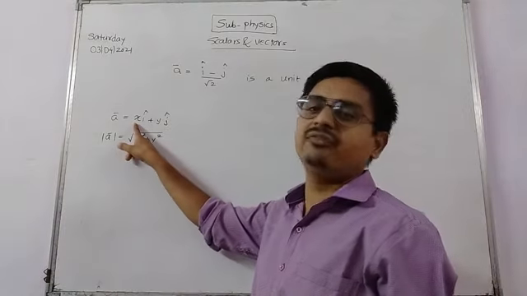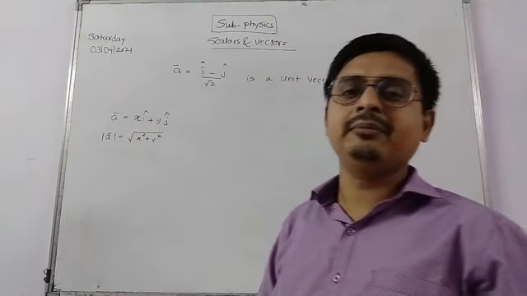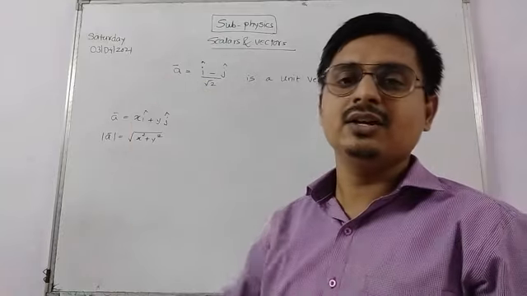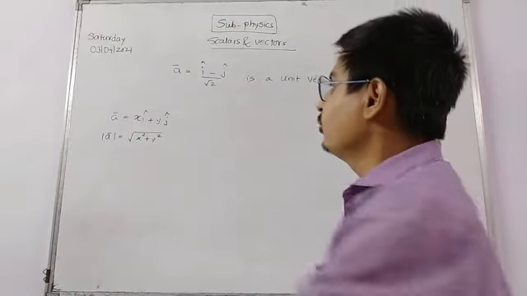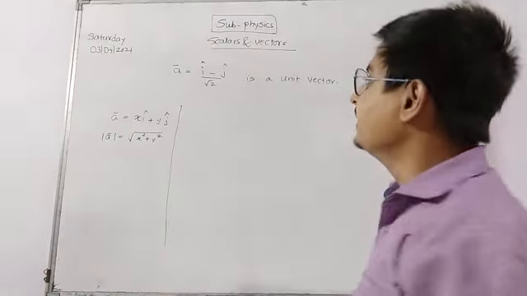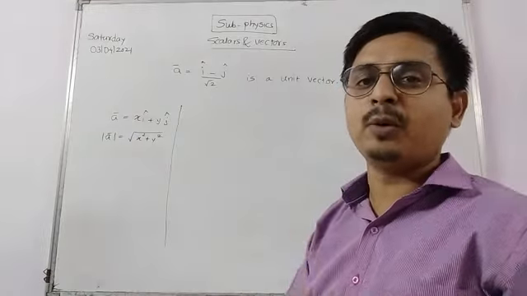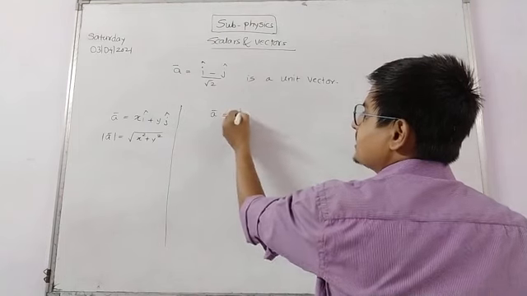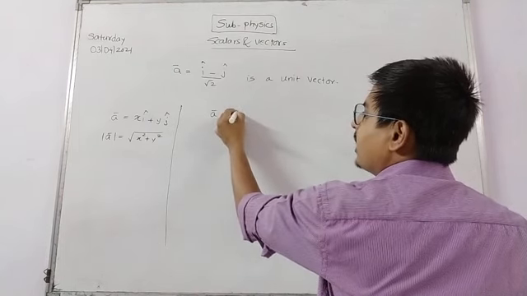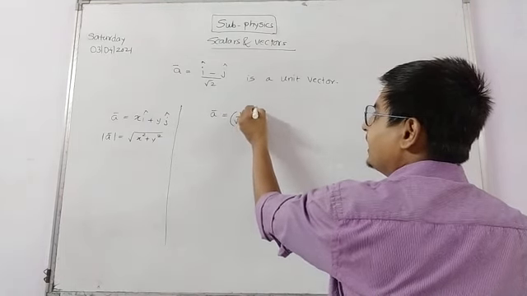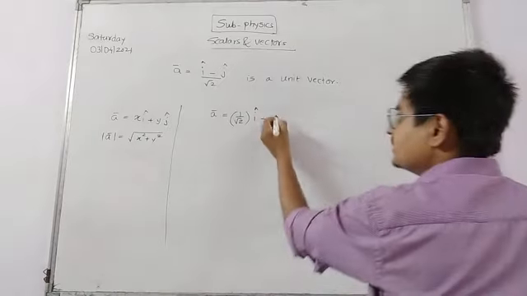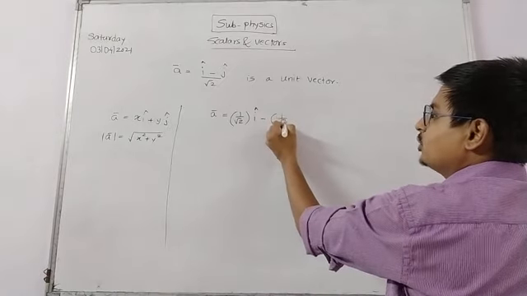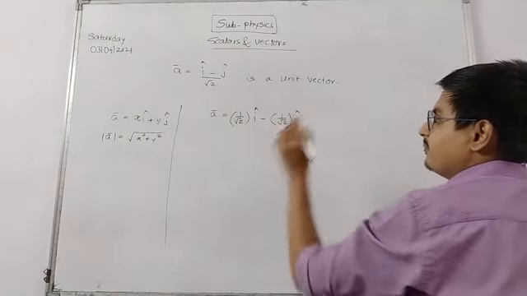That is the square of the first term plus the square of the second term, and the whole thing under square root. If you observe this problem, you can notice that A bar is 1 upon square root of 2 into i cap minus 1 upon square root of 2 into j cap.